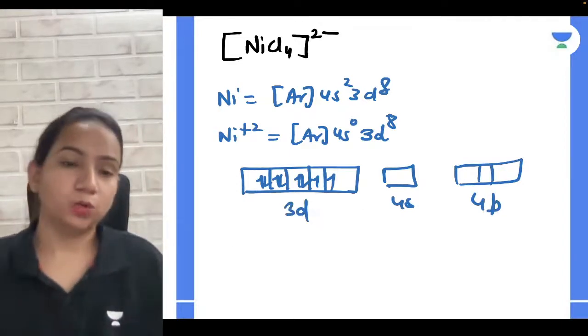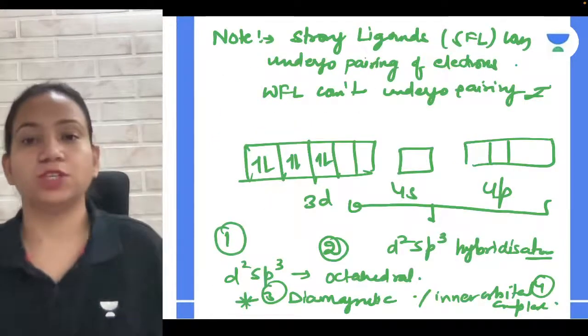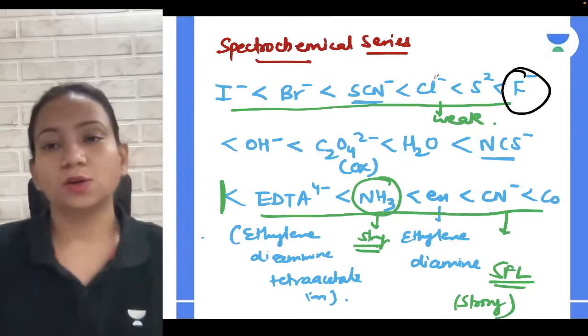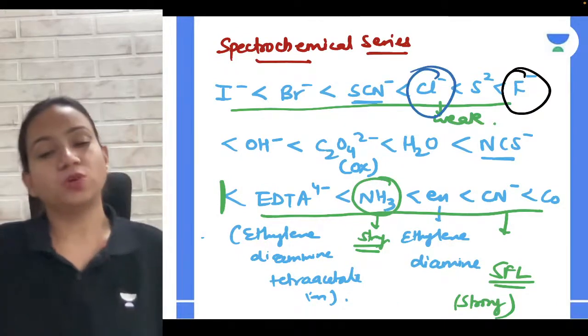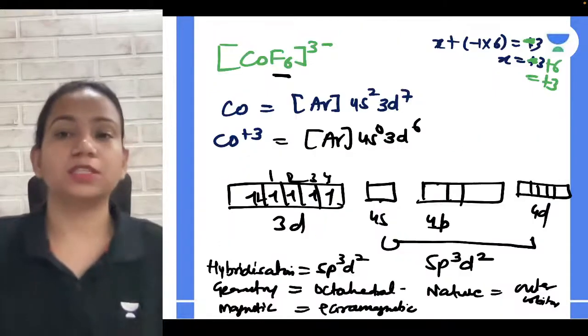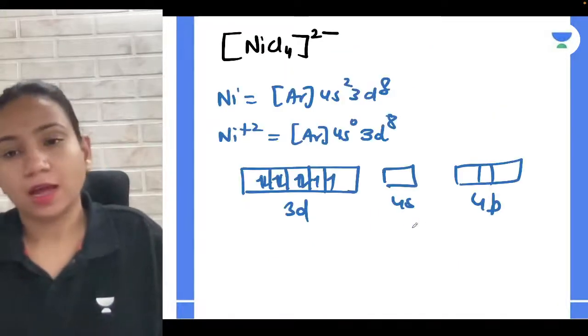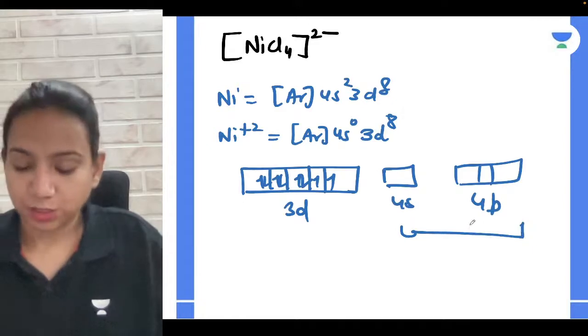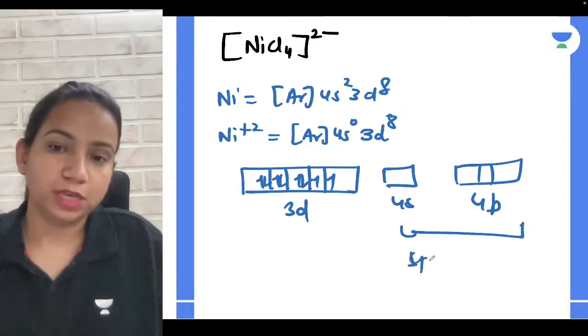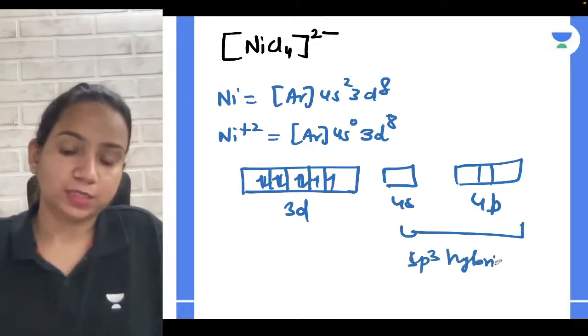Now tell me guys, chlorine is a strong ligand or weak ligand? We should remember that chlorine is a weak ligand. So if chlorine is a weak ligand, it won't do pairing. So if it won't do pairing, I require 4. I will take sp3 only. So hybridization will be sp3 hybridization.